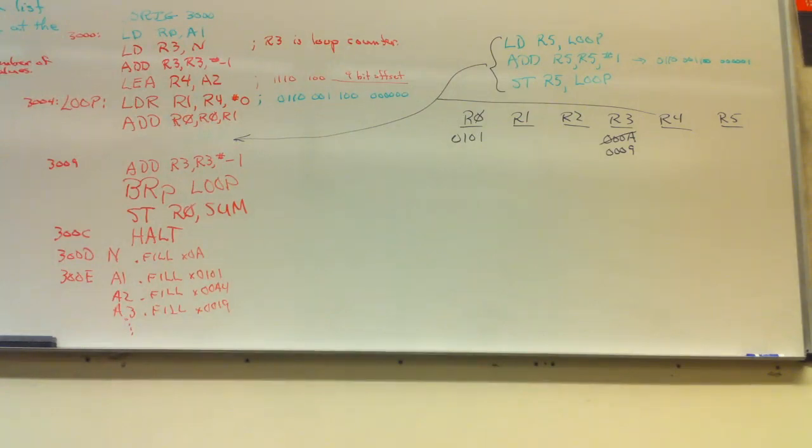Okay, now, in order to go through this effective address thing, remember how it works, and we'll actually figure that offset, and you can track the thing through and see what's going on. The address of the next location is 3004.